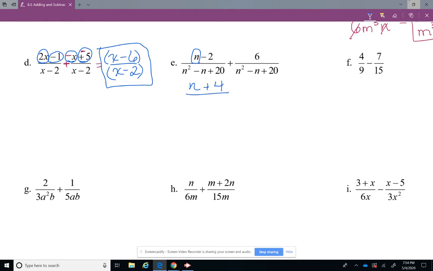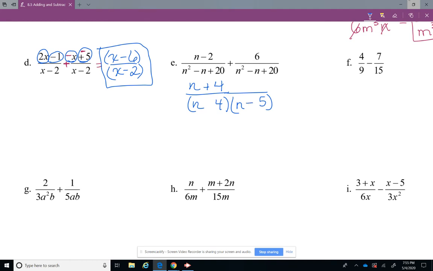Okay, now we're going to take the denominator of both of them and we're going to factor it out. Okay, because they have a common denominator, but we have to see if we could cancel anymore. So we know that n times n is n squared, and that 5 times 4 is 20.